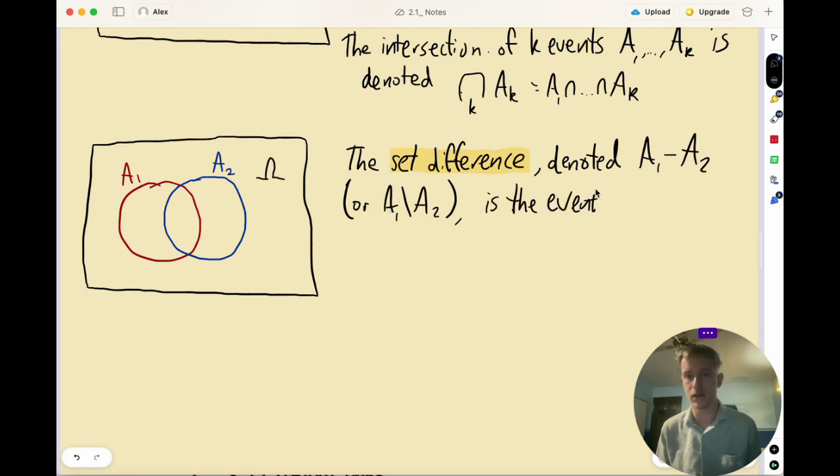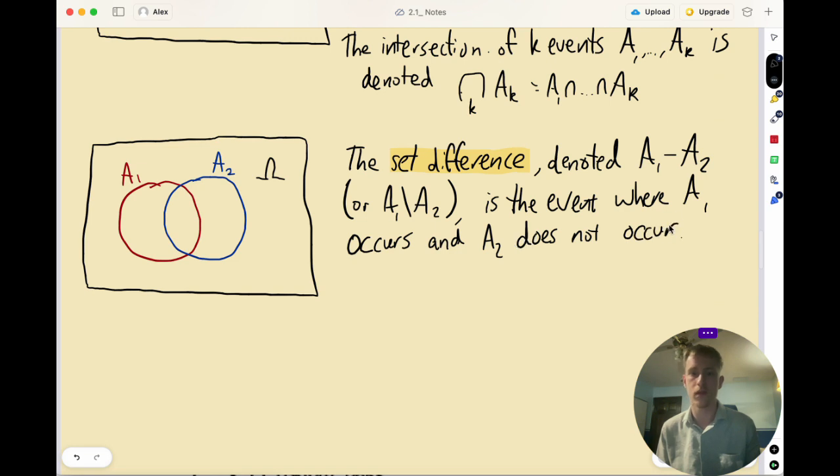It is the event where A1 occurs, but you're subtracting off A2. So A1 occurs and A2 does not occur.